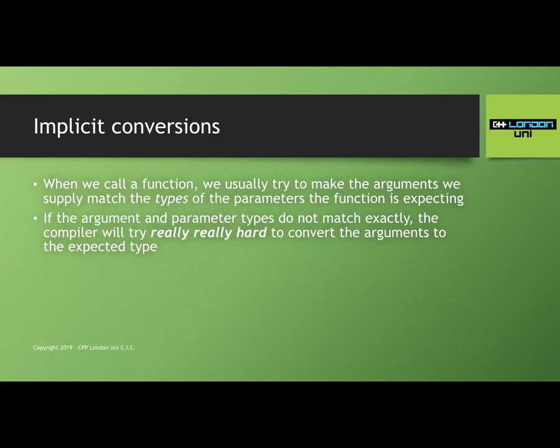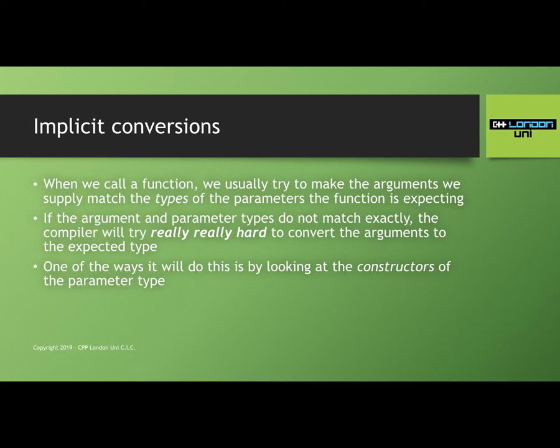And in fact, the compiler tries really, really hard to do these implicit conversions for us. Tries really hard to make you happy. It says, I know you want to call this function, and I'm going to do whatever I possibly can to let you call this function. I just want to make you happy. And one of the ways it does this is, well, the terminology is it forms something called an implicit conversion sequence.